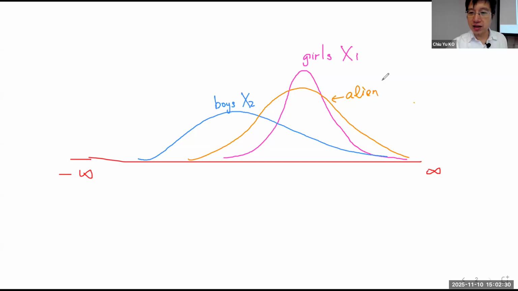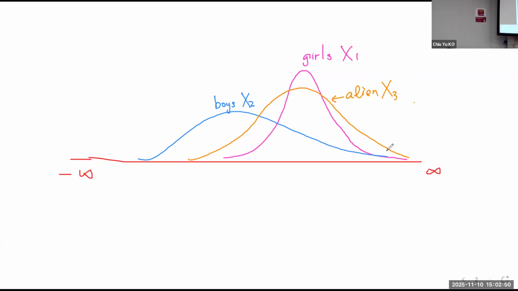Anyway, Alien, X3, the ET, some ET or some animal, whatever. Then you want to see whether these 3 groups are the same or not. Aliens visit our country, visit the world, and then see if they are willing to spend on the product. So that is a 3-group case.